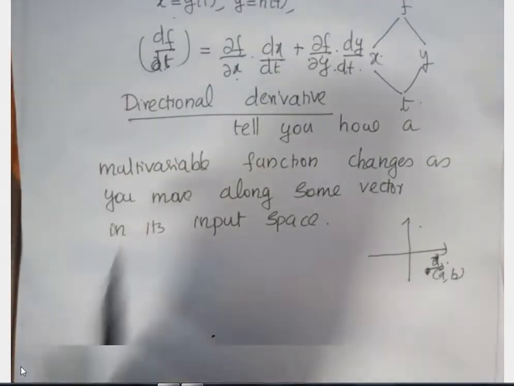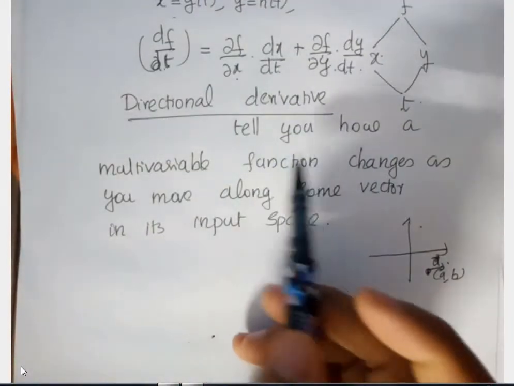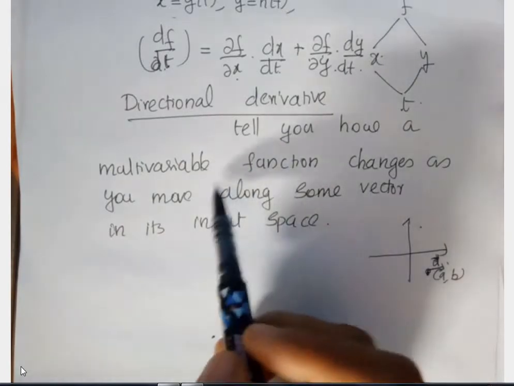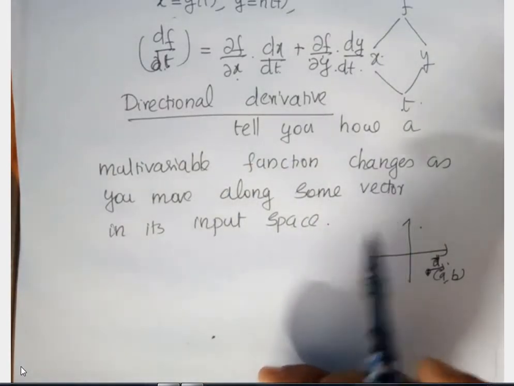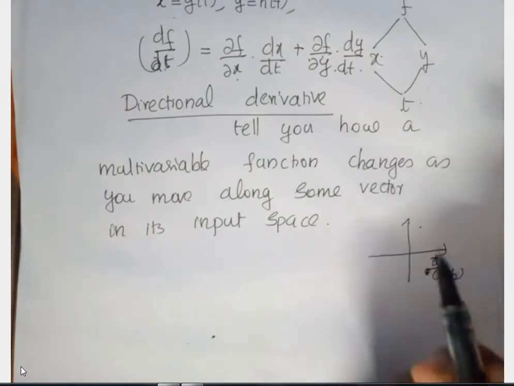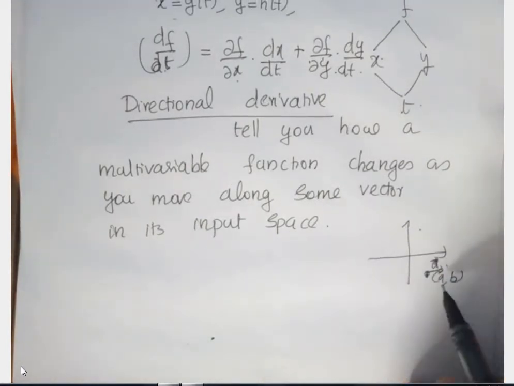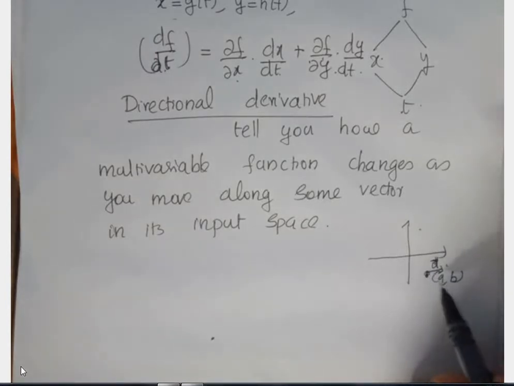Next, I am going to define this directional derivative. Actually, this tells you how a multivariable function changes as you move along some vector in its input space. Suppose we need a point and a vector in the xy plane. What is the change in the surface corresponding to the point (a, b) and corresponding to the vector u?